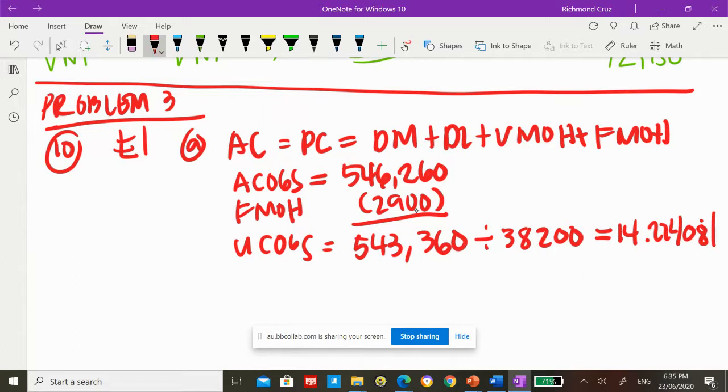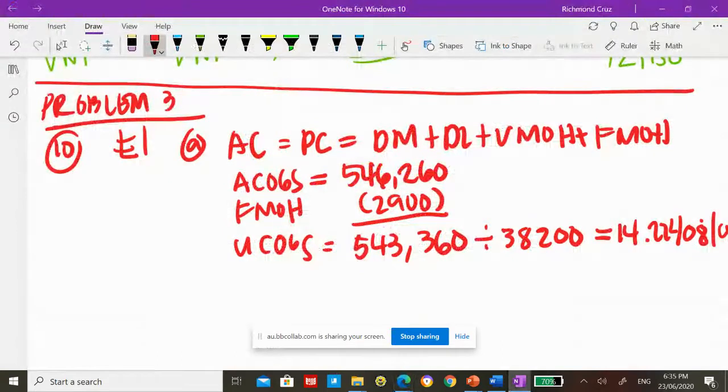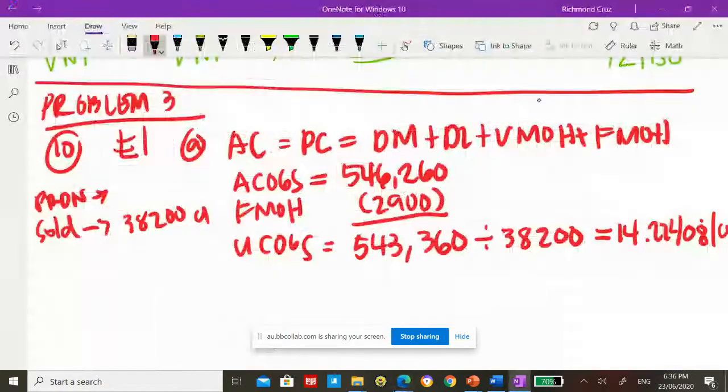This is per unit. So, yan tinatanong sa atin is ending inventory. Ilan ba yung ending inventory natin? Ang sold natin is 38,200 units. Ang production natin is 40,000.